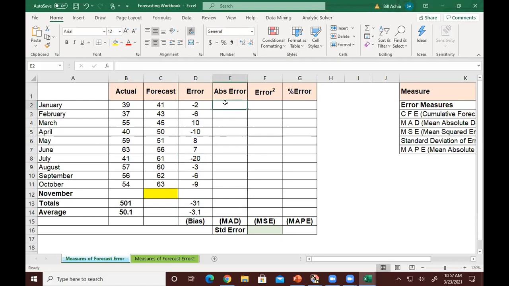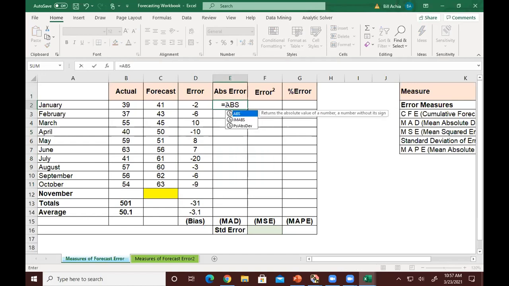Okay. Now let's look at the next column. And the next column is the absolute error column. Now for the absolute error column, all I'm interested in is the size of the error, not the sign. Okay. So we already have the errors calculated in column D. And all I want now is the absolute value. So you can use the absolute value formula ABS and just get the absolute value for the error.